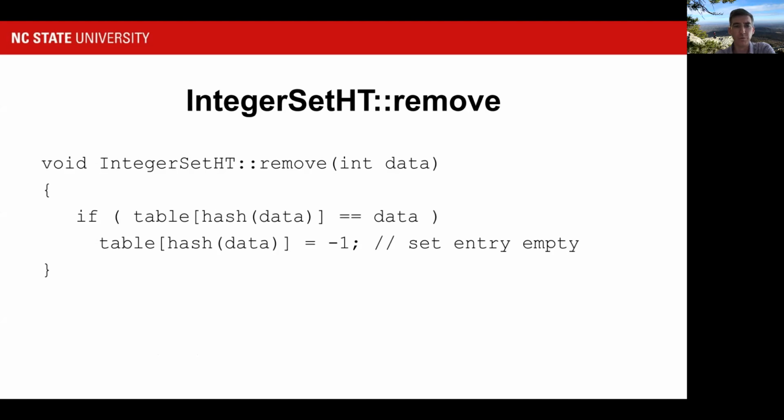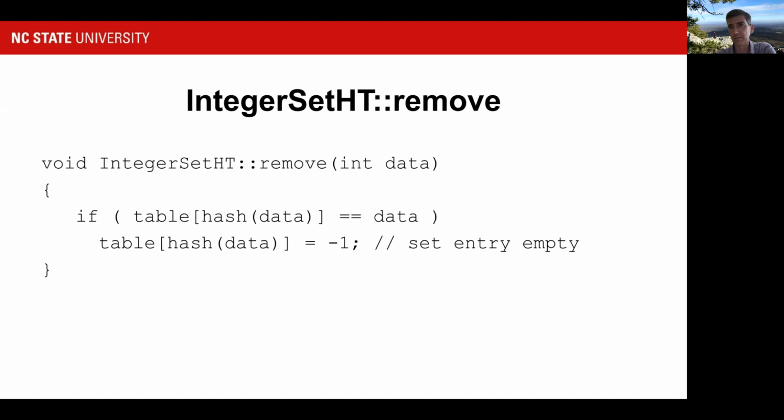And then for removal, I just look to see, is the entry that's already in the table equal to data? And if it is equal to data, then we update the table at that position to -1 to indicate the data is no longer there. Setting it to -1 is a removal.